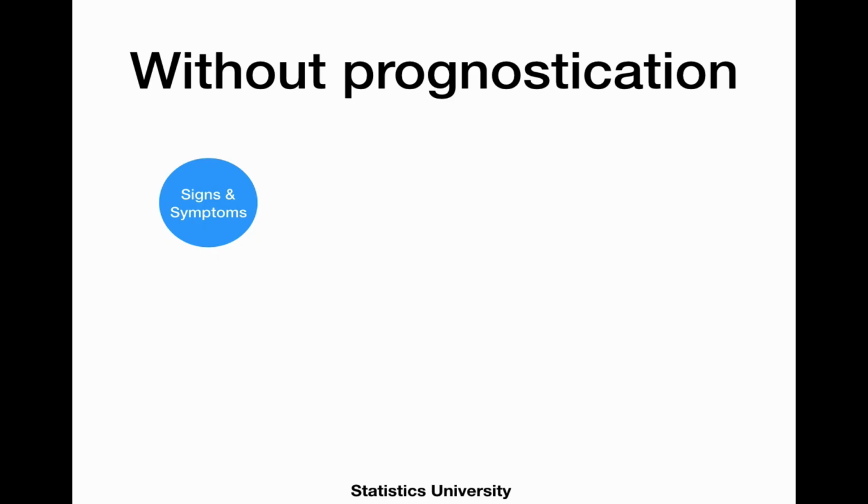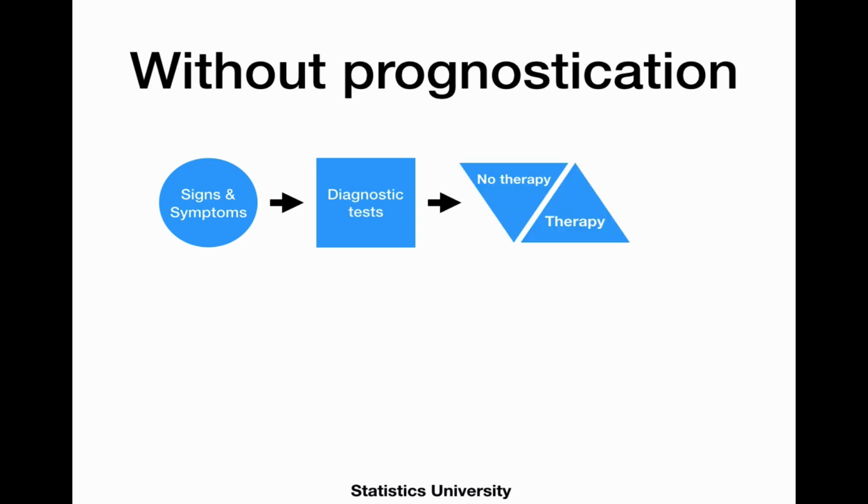Without prognostication, this would be the situation. So we start with signs and symptoms for a certain patient, and then diagnostic tests are performed, and based on the clinical decision-making process, we judge whether a patient is likely to have the disease or not have the disease, and thus receive therapy or no therapy.